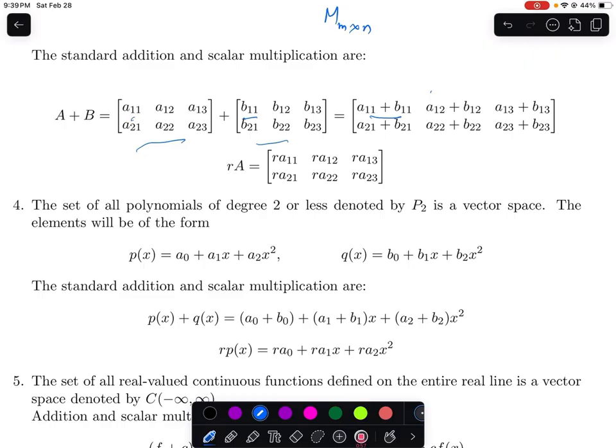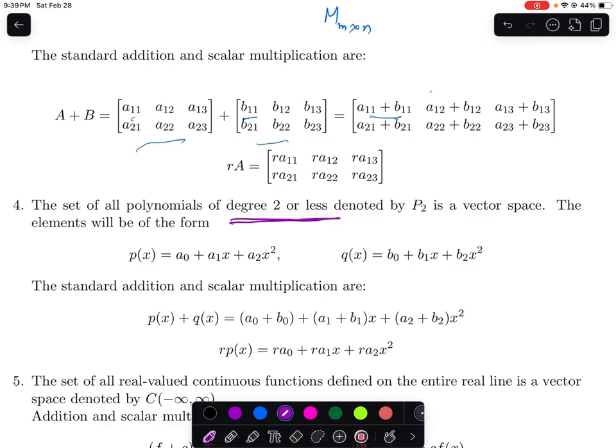Next one is the set of polynomials. If we have polynomials of, for example, degree 2 or less, this is very important, degree 2 or less, it is denoted by P sub 2. So this is also a vector space.